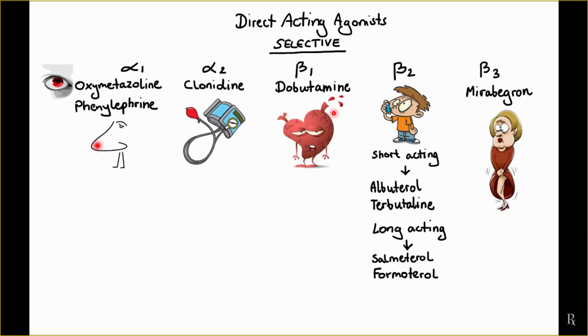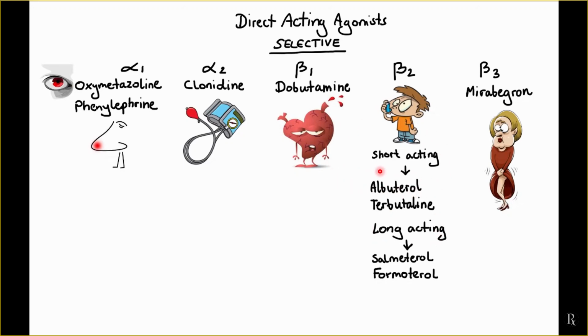And the beta agonists are dobutamine for the treatment of heart failure, and beta 2 inhaled agonists that are further divided into short-acting and long-acting.